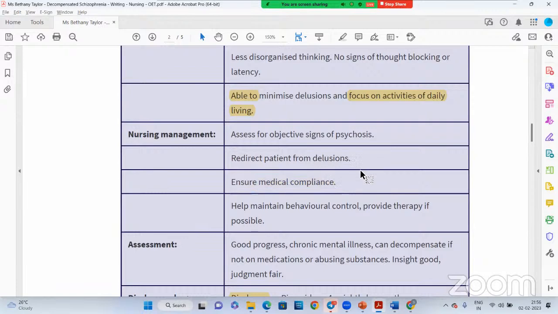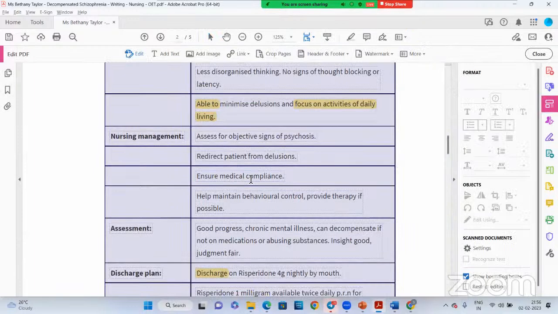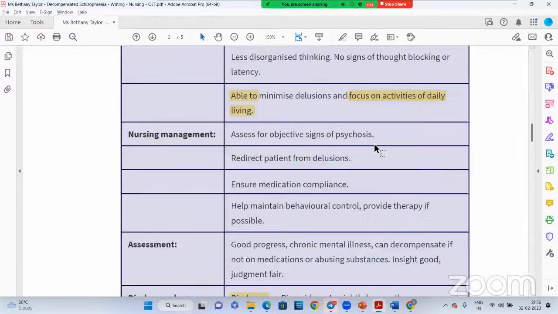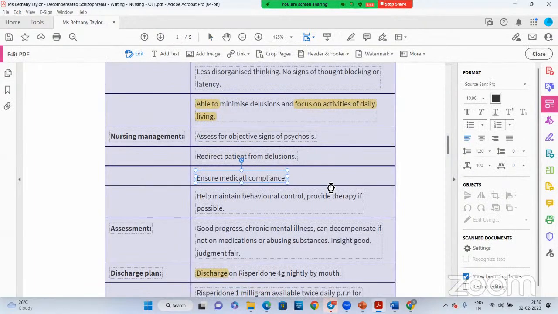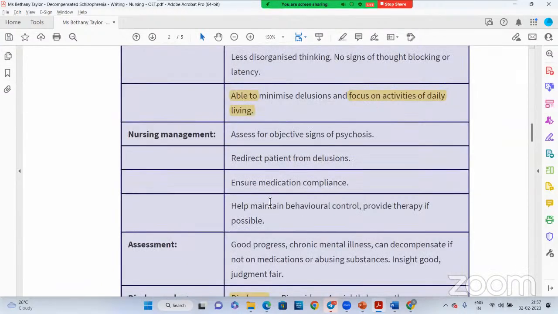Now what to do? Ensure medication compliance.